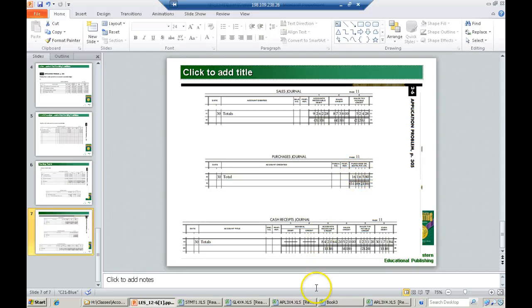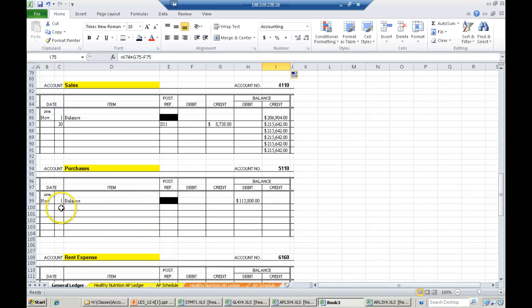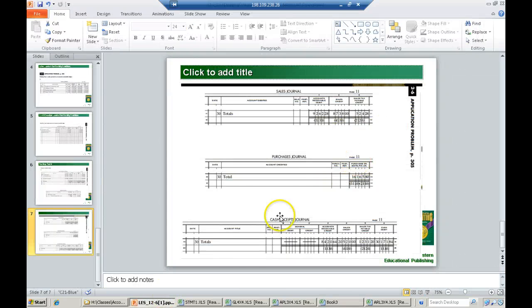Let's go to our purchases general ledger first, and let's go ahead and put the 30th. This is our total. This is coming from our purchases journal, page 11, P11. Again, that's coming from right here, P11.